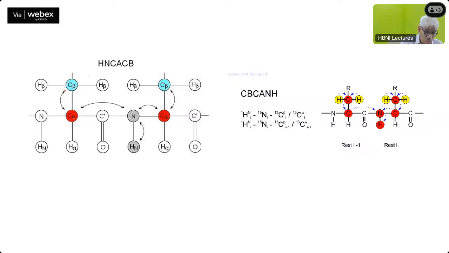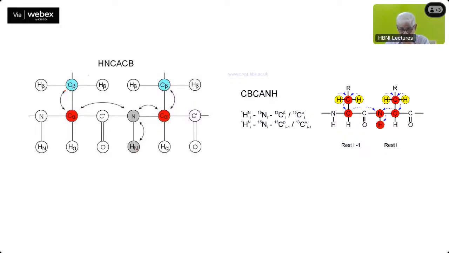You label both C alphas and C betas. And from C beta, you come back to C alpha, here and here. From C alpha, you come back to nitrogen, and then come back to the amide proton for detection. So you have C alpha, C beta both present on one carbon axis. Nitrogen is present along the nitrogen axis, and the amide protons are present along the proton axis.